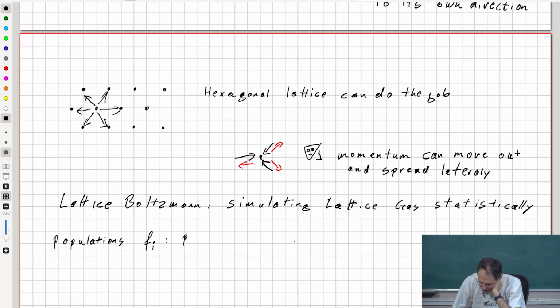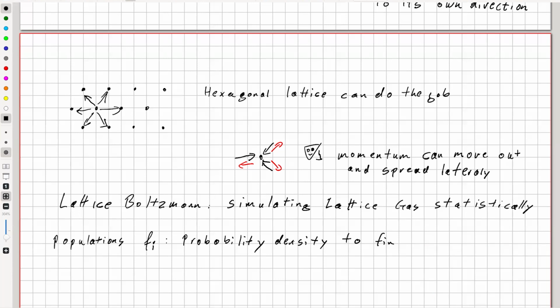It's actually a probability density function to find a particle with the given velocity, say we call this c_i, the velocity of that particular direction, at this particular lattice node and of course at this particular time.